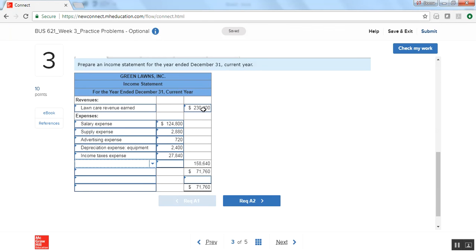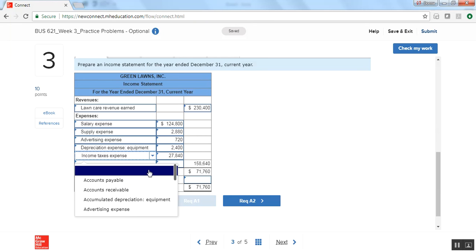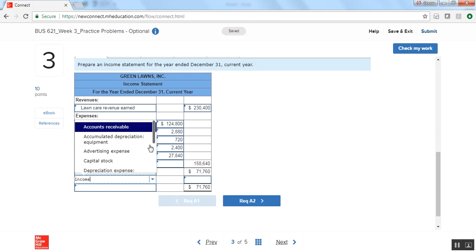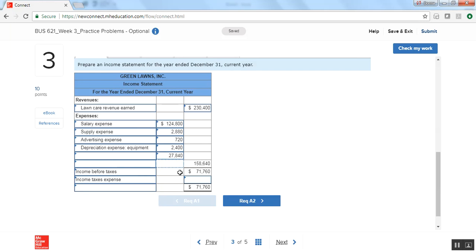So our revenues minus expenses give us our net income. Sorry, income tax expense is going to go after. So income tax expense here of $27,840.